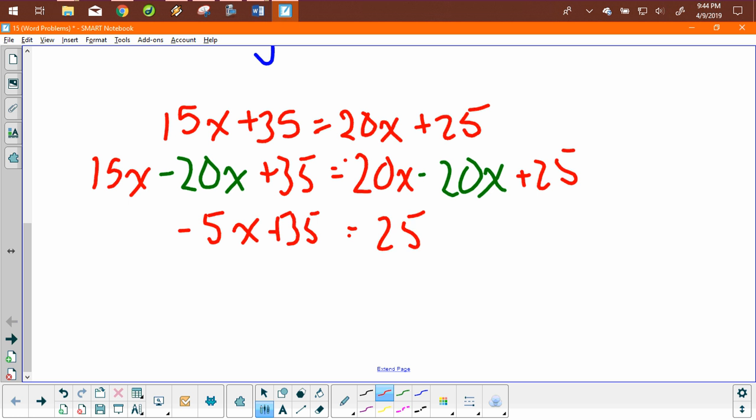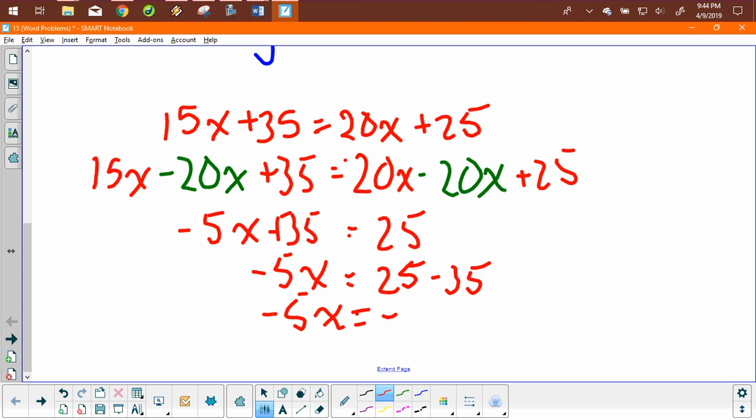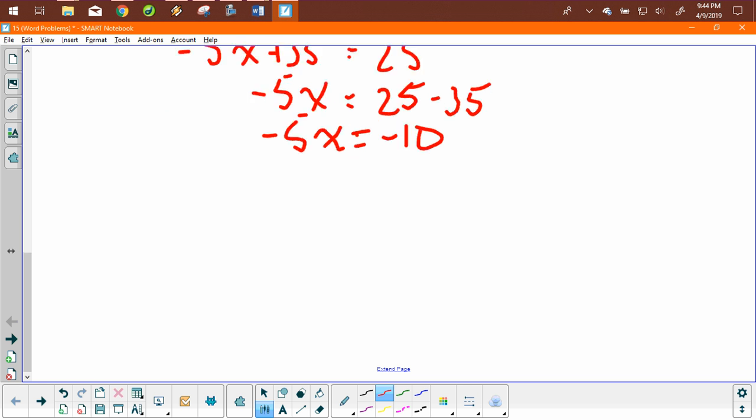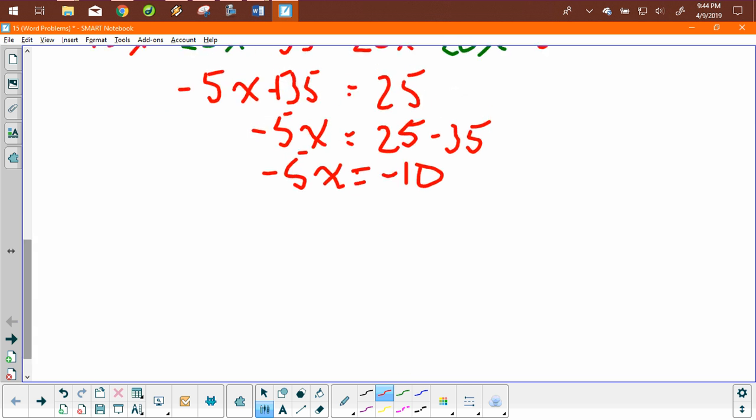Now I bring 35 over. Okay, 25 take away 35 is negative 10. Okay, and I know some people are probably seeing it already, right? Last step is to divide. So negative 10 divided by negative 5, and x is equal to 2.